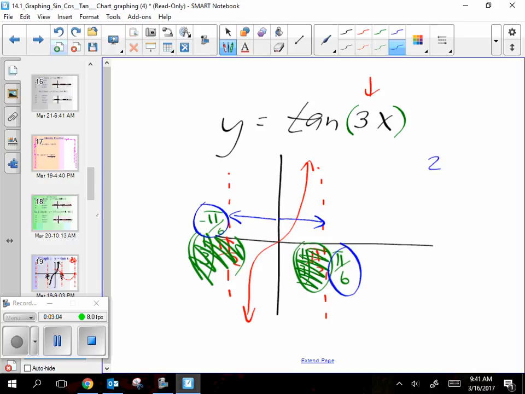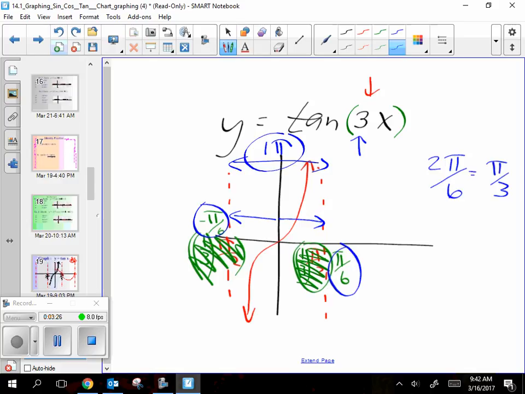Another way we could have figured out its period, 2 pi over 6 can reduce to pi over 3. Another way we can figure out that period would be to say the whole period used to be 1 pi, and now it is multiplied by 1/3, pi over 3, or 1/3 of a pi.